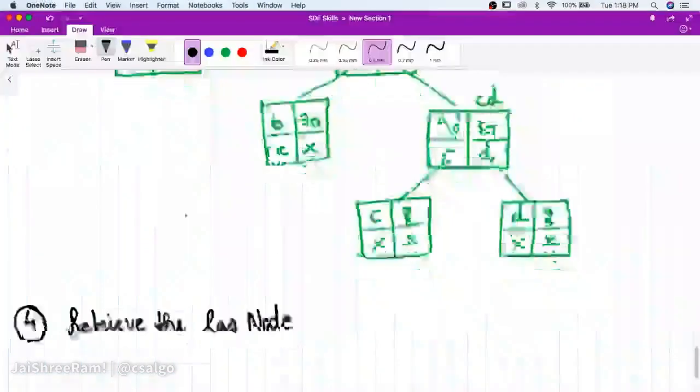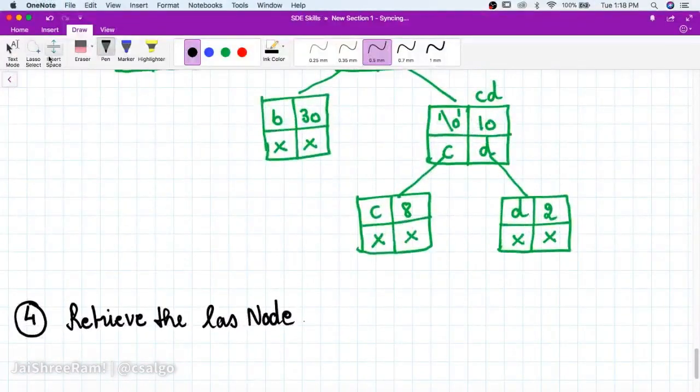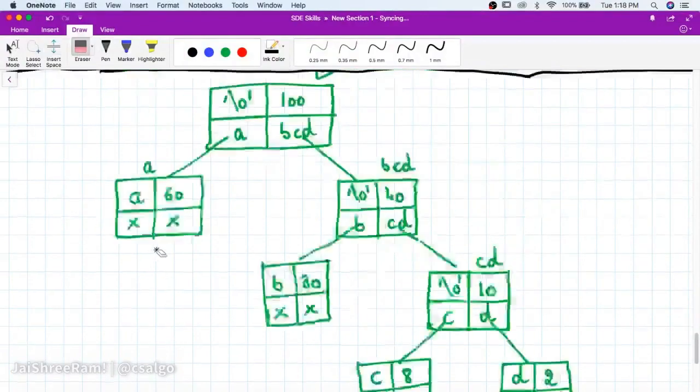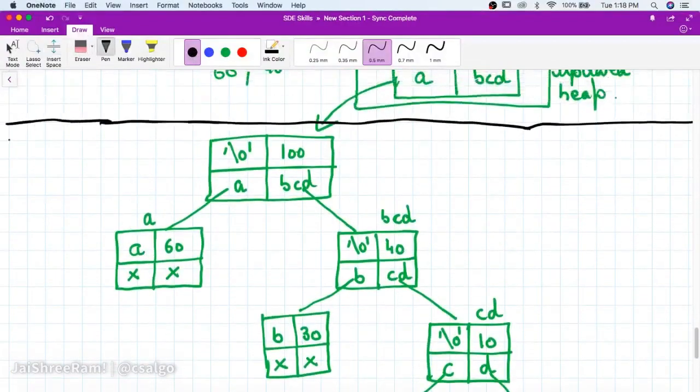Let me write this on the top, it will be better to explain. So this is the fourth step, retrieve the last node.